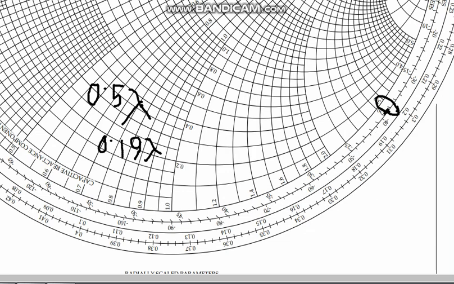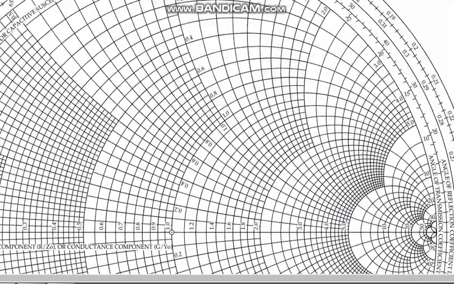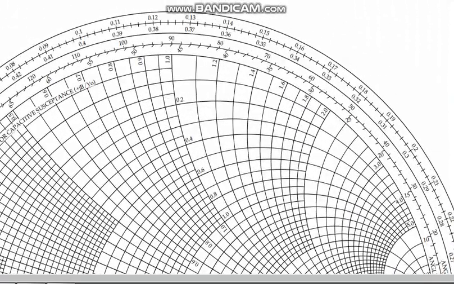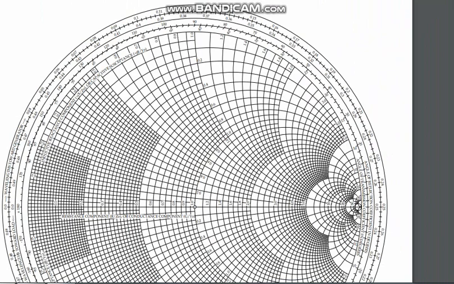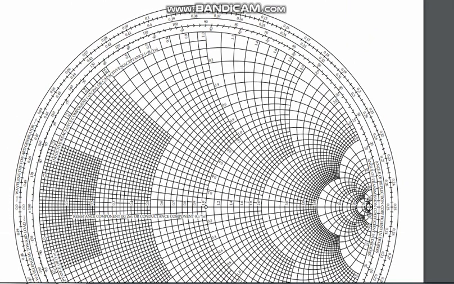So my dear students, some kinds of mathematics like stub matching have all been calculated by this method. In this context, the scale above is the wavelength towards generator, and the scale below is the wavelength toward load.